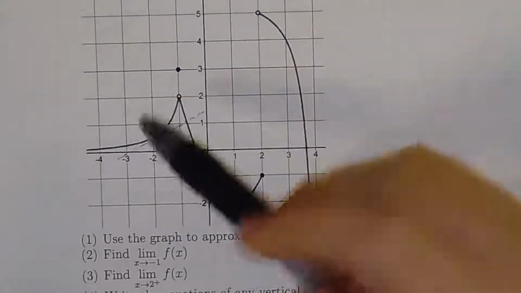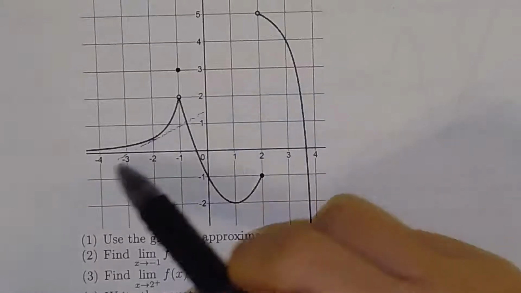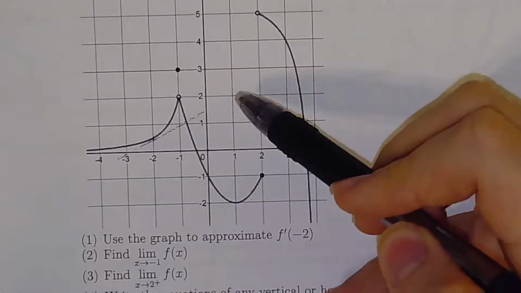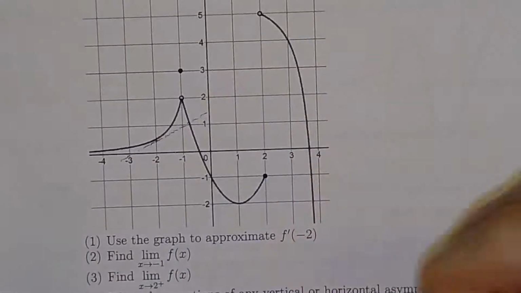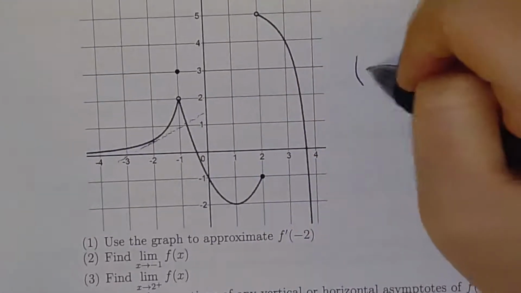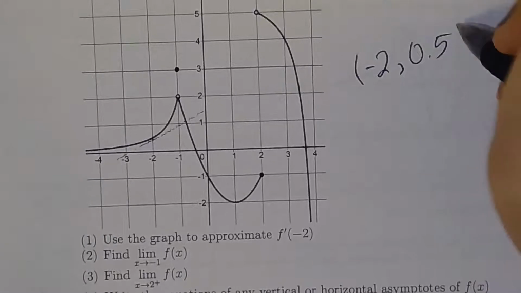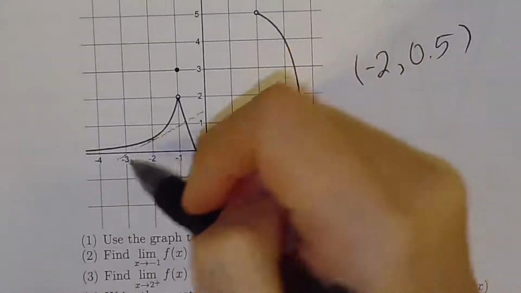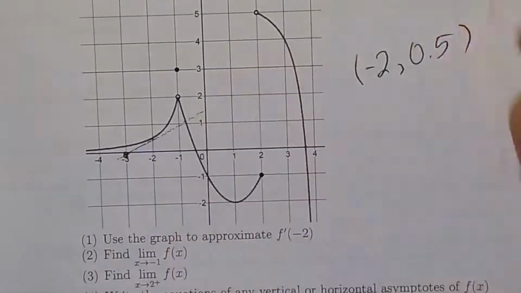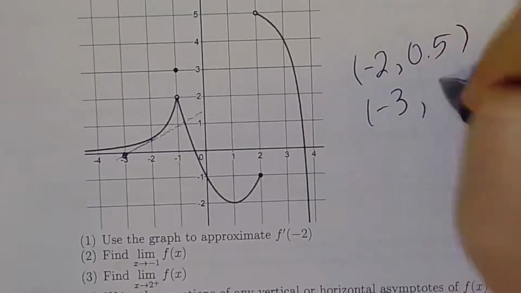You can sketch this in, and then you want to eyeball some points that look like they're on this line. For example, you might guess that this point is minus 2, 0.5. And then you might guess that this point is something like minus 3, 0.